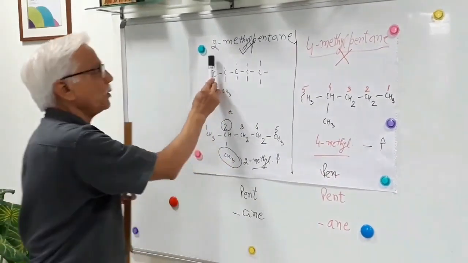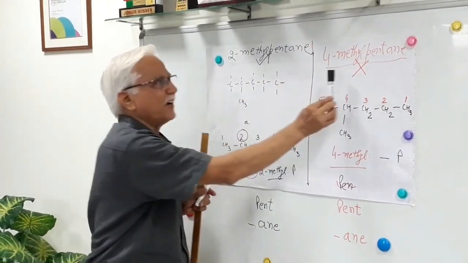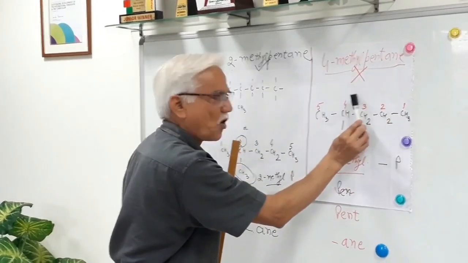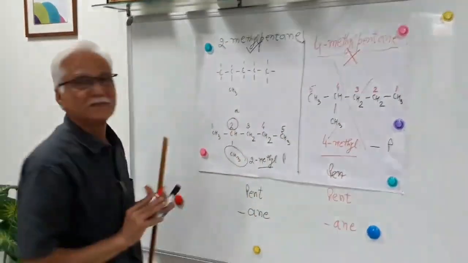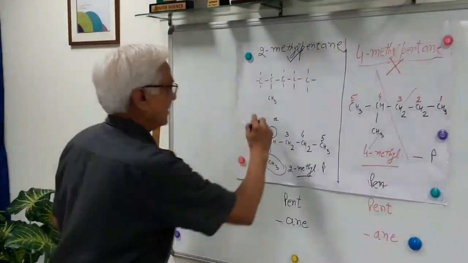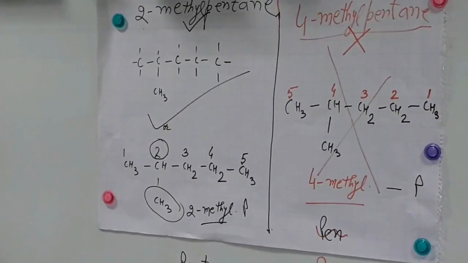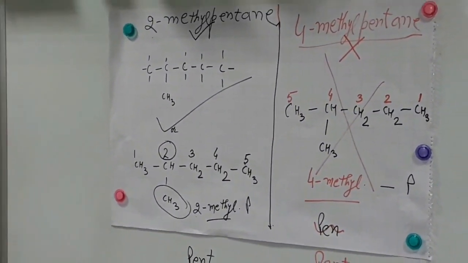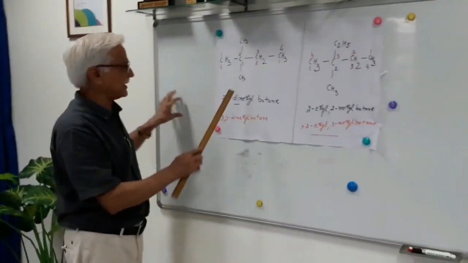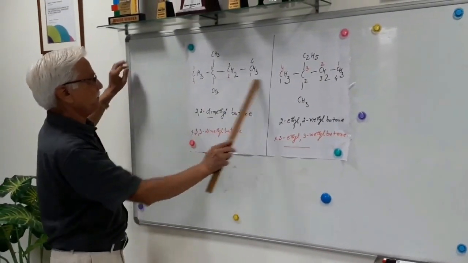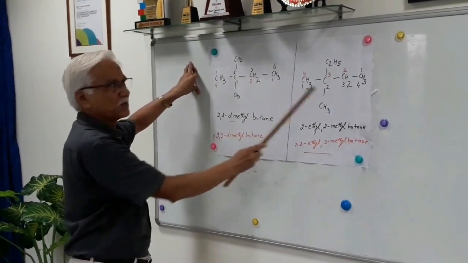So the correct name will be 2-methylpentane and not 4-methylpentane. This is wrong. And this is right. Am I correct? Is this clear? Okay. I'll make it clearer with some more examples. Now I am taking a second example. I have written one structure over here and one structure over there. 2 examples are there.